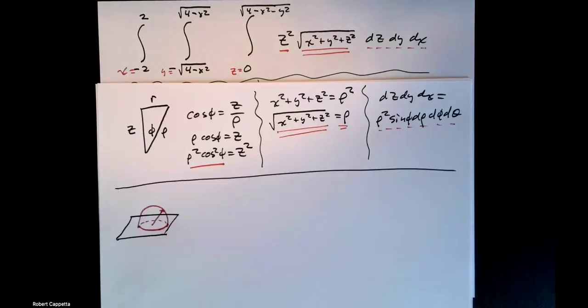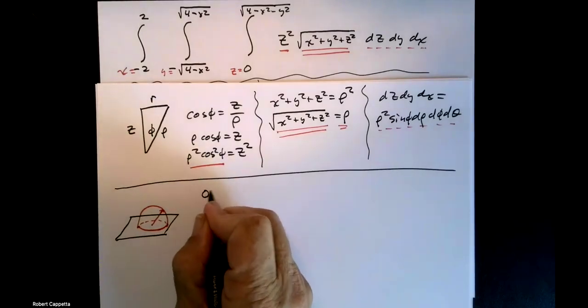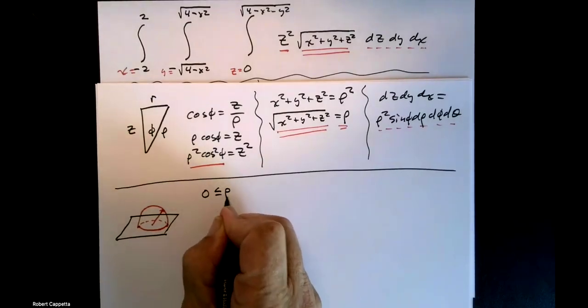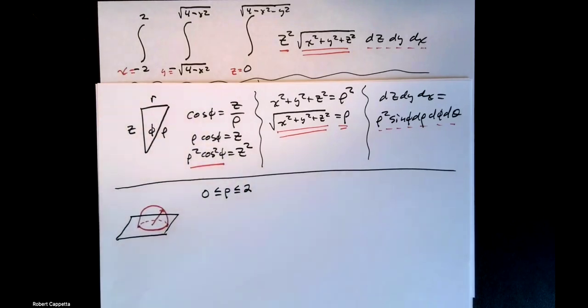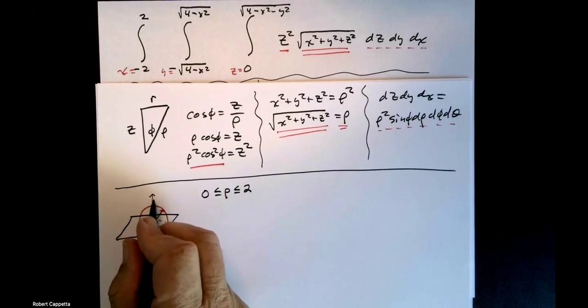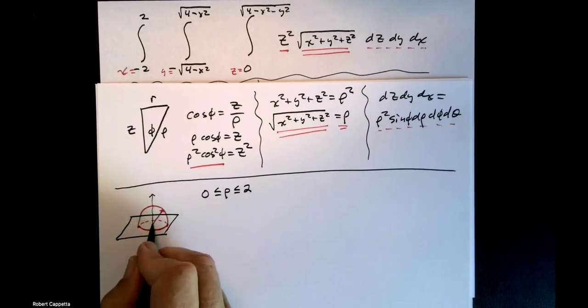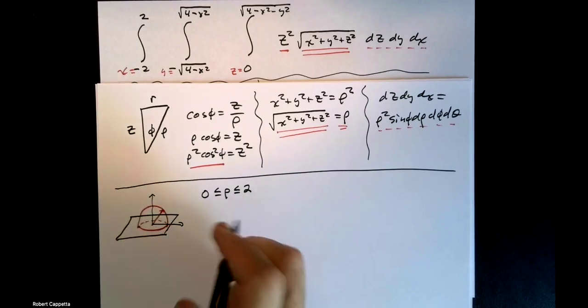Let's consider that. So this was a hemisphere of radius 2. So that tells me that 0 is less than or equal to rho is less than or equal to 2. Now, how about phi? Phi starts at the North Pole, and then it moves down until it gets here. So what are my range of possible values for phi? Notice that's 90 degrees.